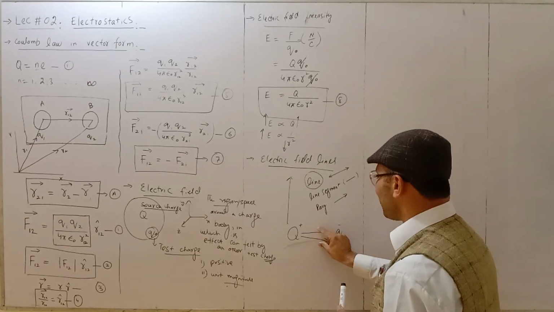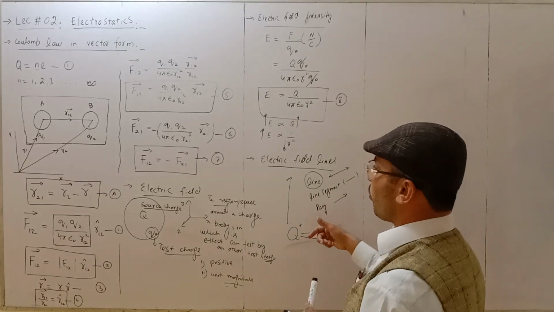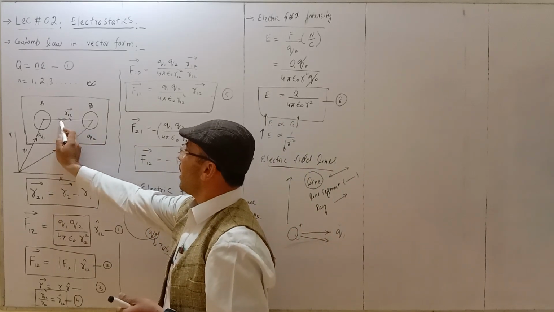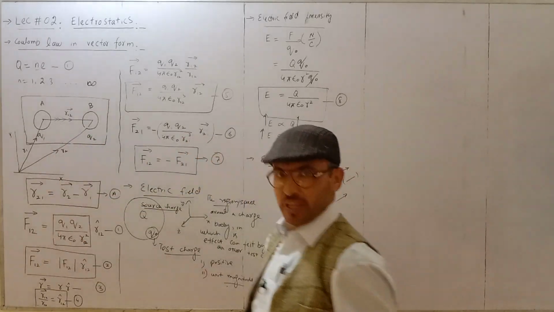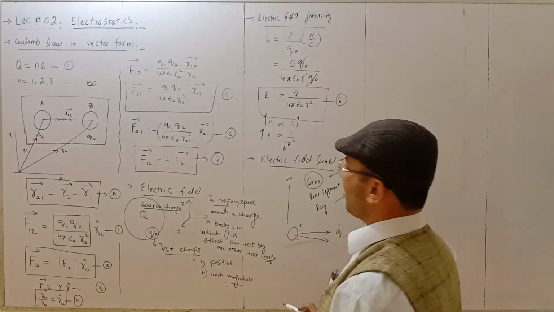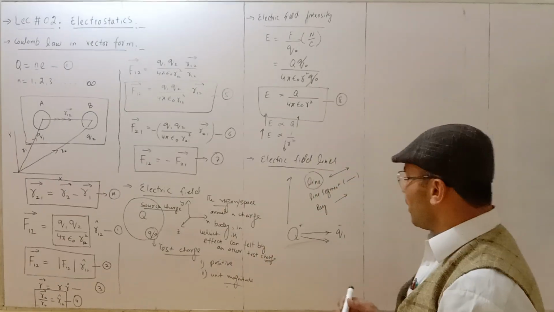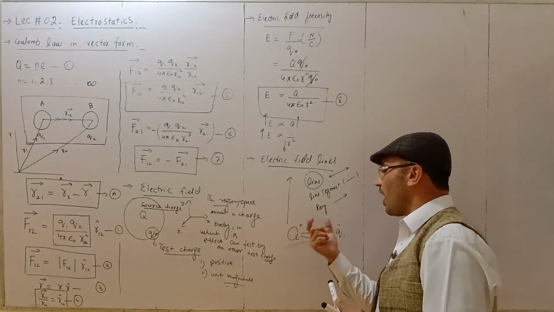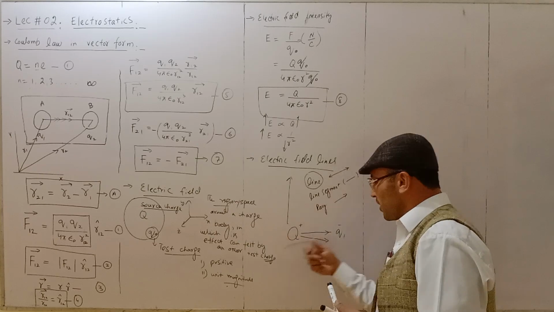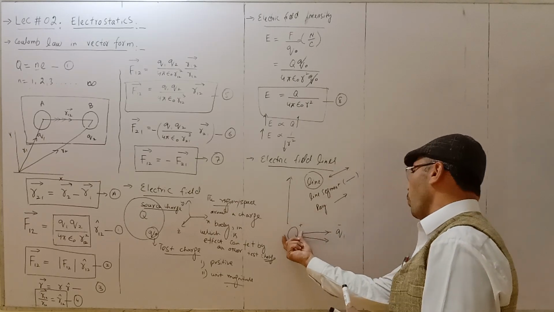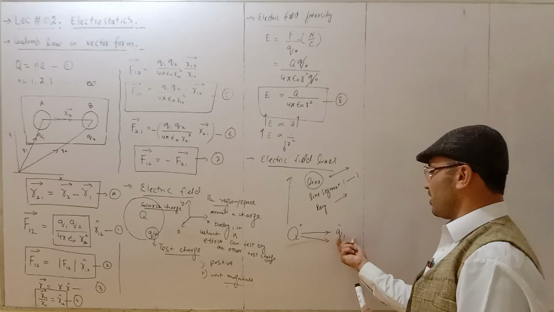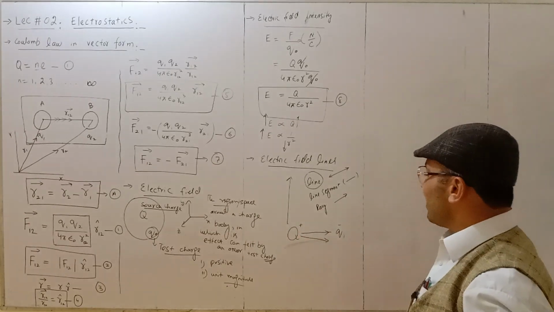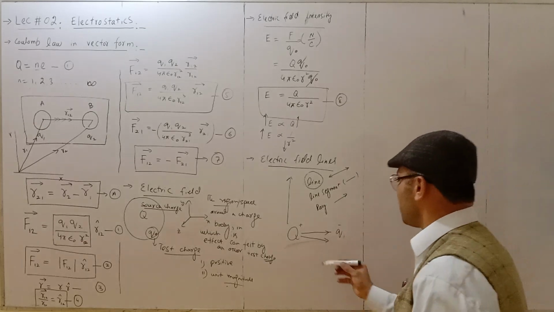So these lines will emerge. Why emerge? Because of the direction of the R vector. That is one reason, and the second reason is the conservation of energy. The energy radiated from the source charge is totally absorbed by Q1, and in this way Coulomb's law also results in the conservation of energy.